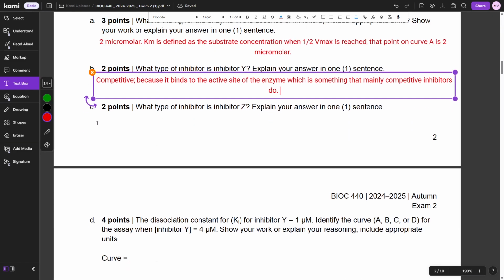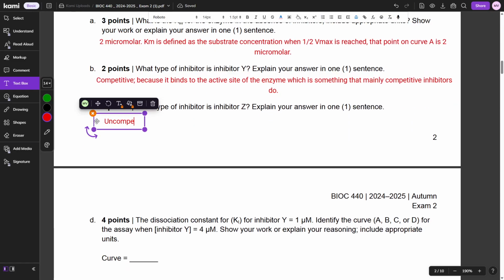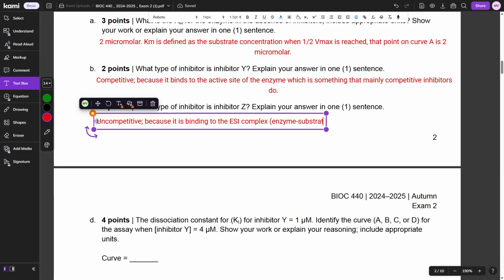That's how I can explain that: uncompetitive because it is binding to the ESI complex, the enzyme-substrate-inhibitor complex. That's really all you need for these questions. Should be some relatively free points. Again, you want to spend more time on the math that comes a little bit later.